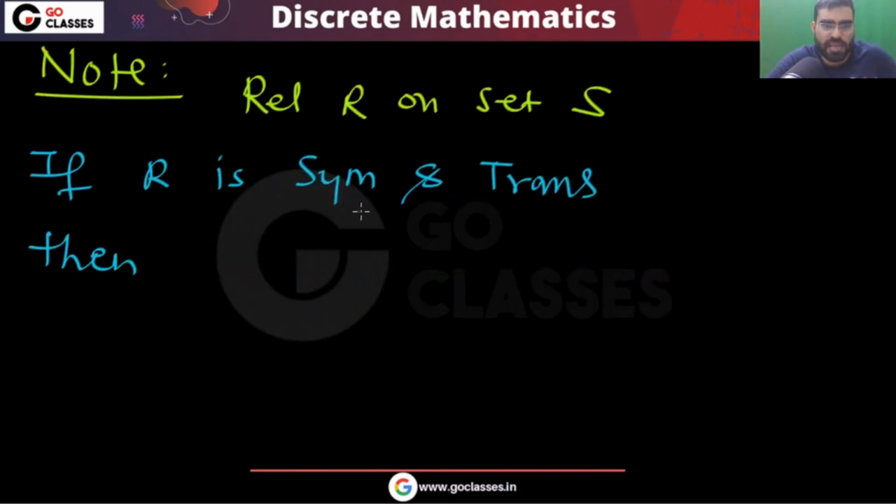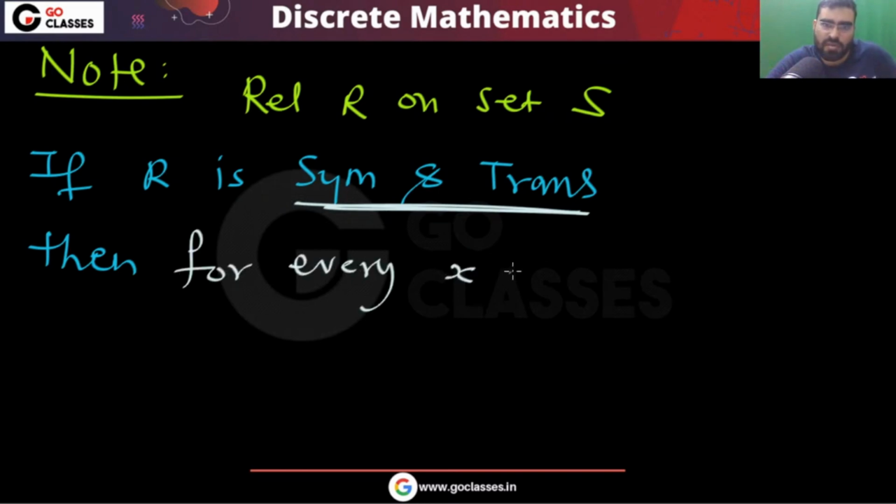So you can see, if the relation is symmetric and transitive, then for every X belonging to S, what will happen?